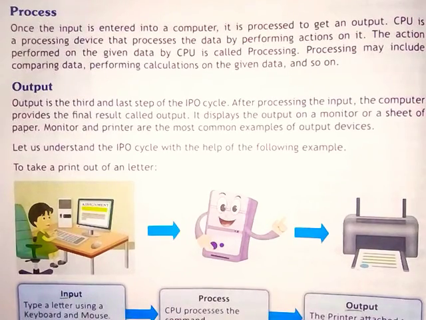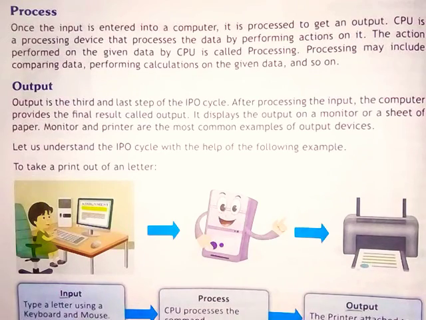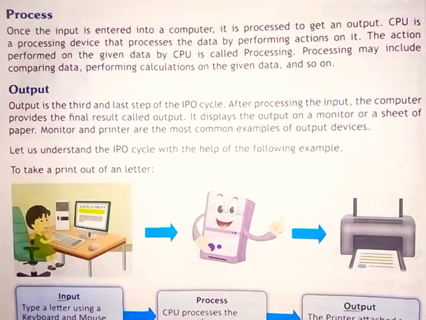CPU is a processing device that processes the data by performing actions on it. The action performed on the given data by CPU is called processing. Processing may include comparing data, performing calculations on the given data, and so on.